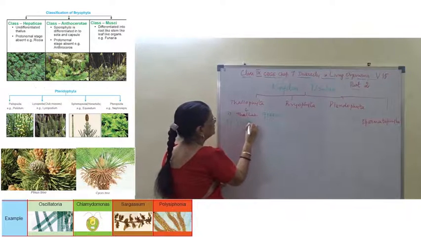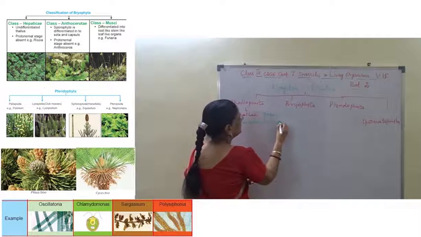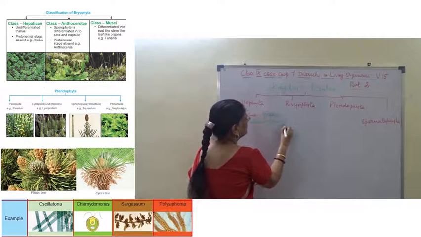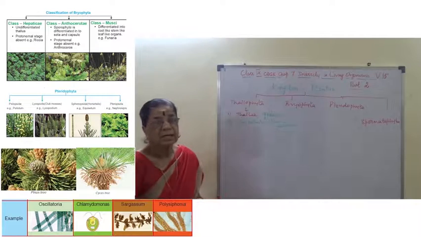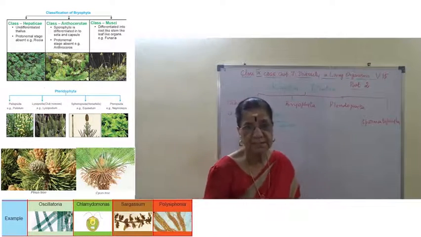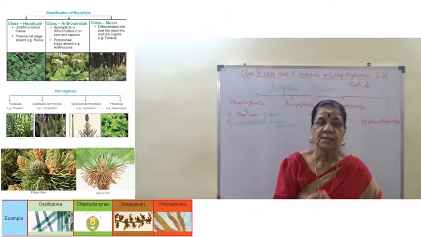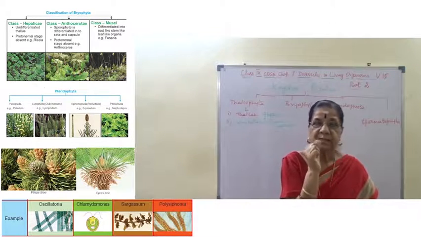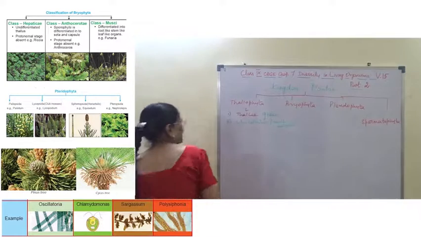First, the plant body is called thallus, and it is unicellular and multicellular. The plant body may be branched or unbranched, filamentous or non-filamentous, and it may occur singly or in a colony.